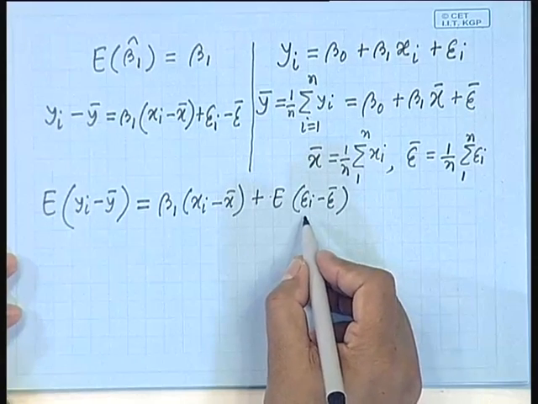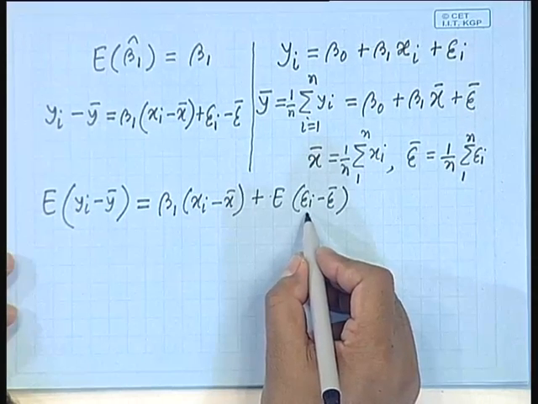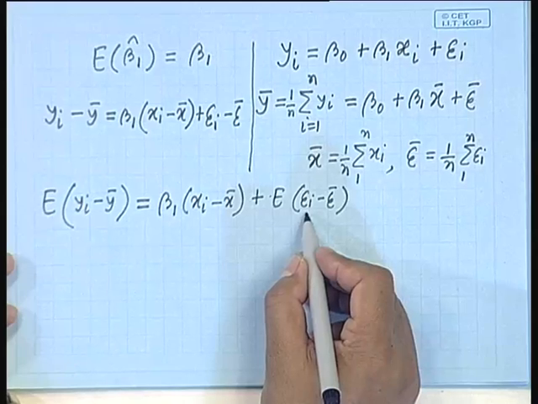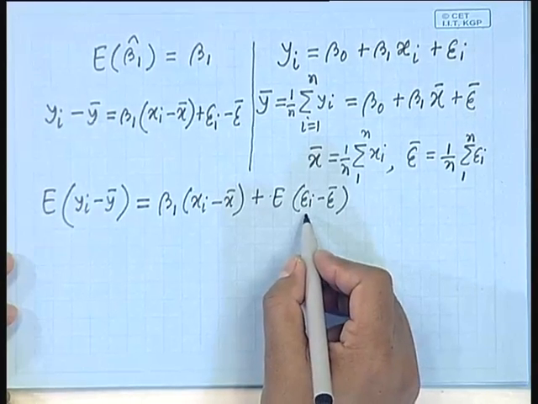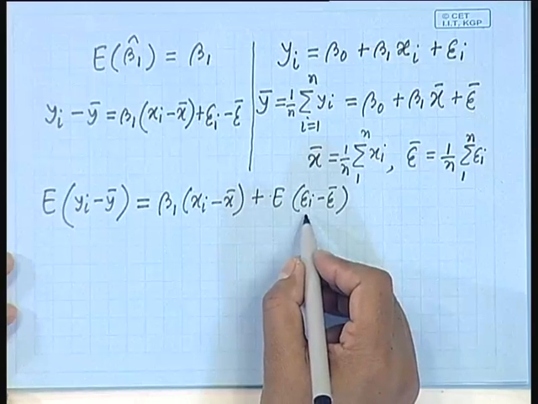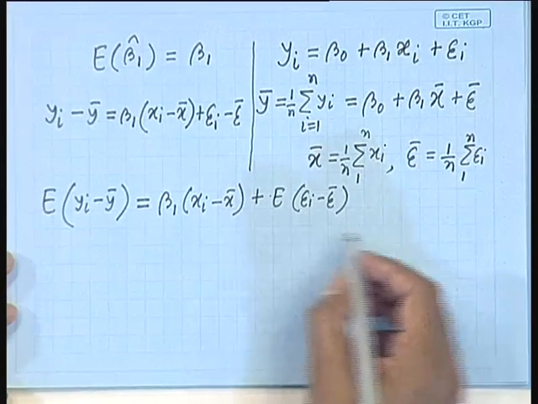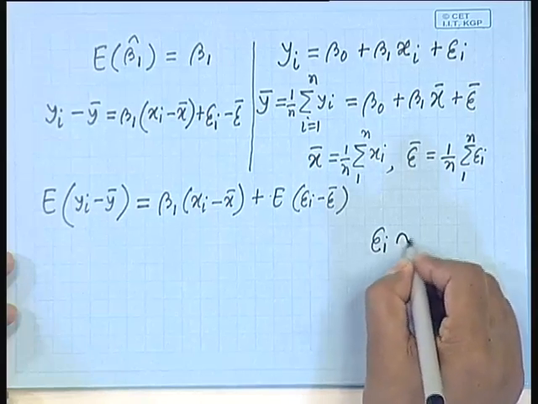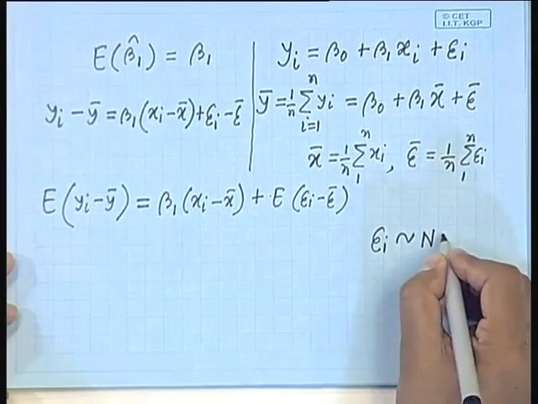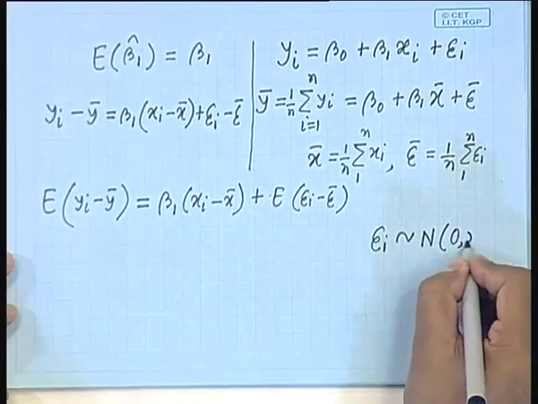Now, epsilon I is the random error, which is a random variable, and we assumed that epsilon I follows normal 0, sigma square.